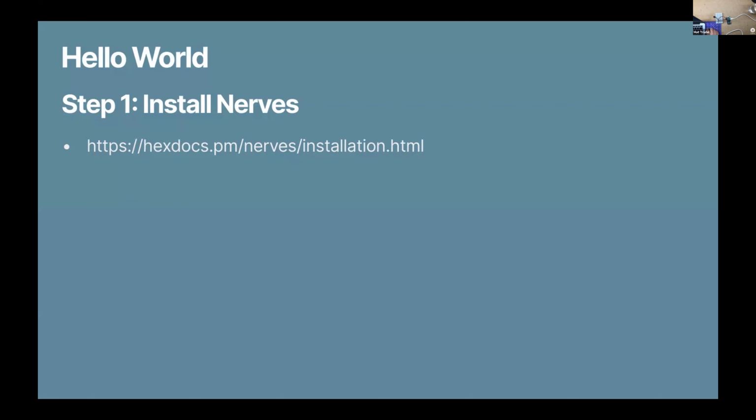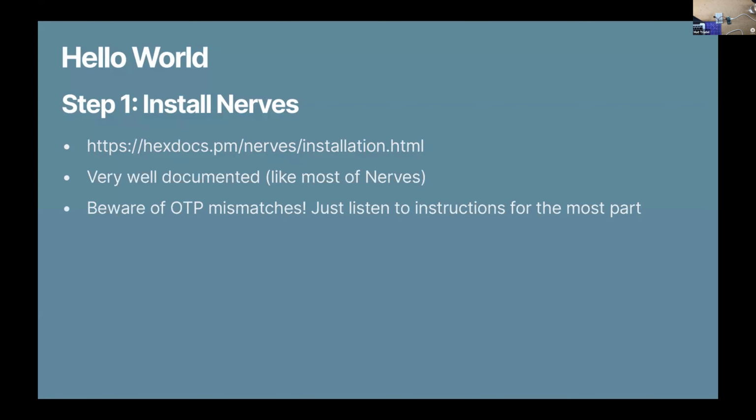And it does change a little bit as the project's in flux. It's nothing hugely difficult, but it's just not something I want to spend time on. Very well documented. I will say one thing about it. In a number of places in the documentation, they refer to installing particular versions of OTP and particular versions of Elixir.